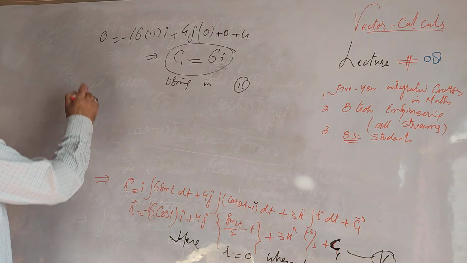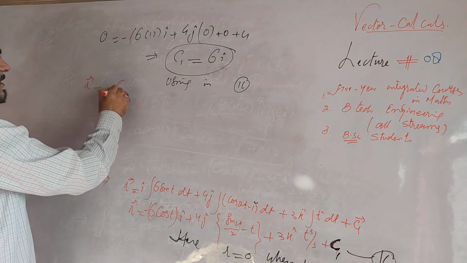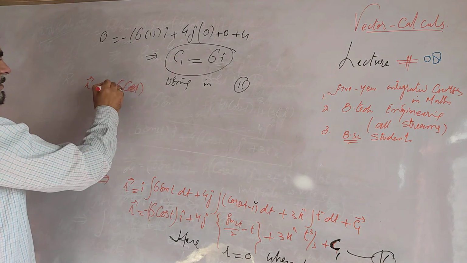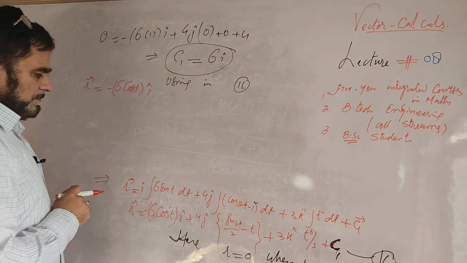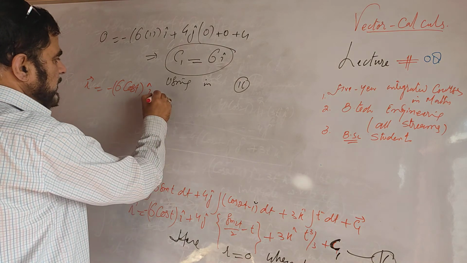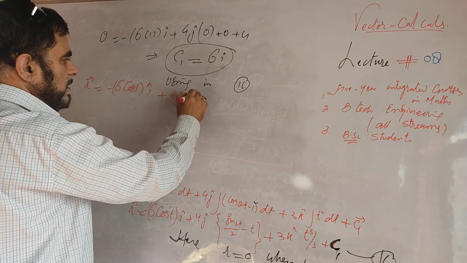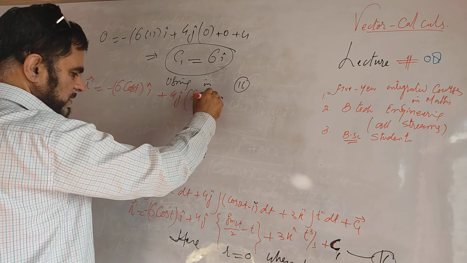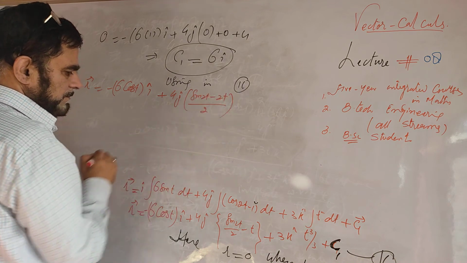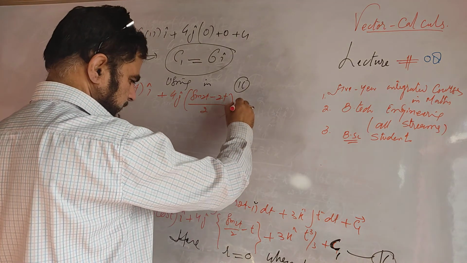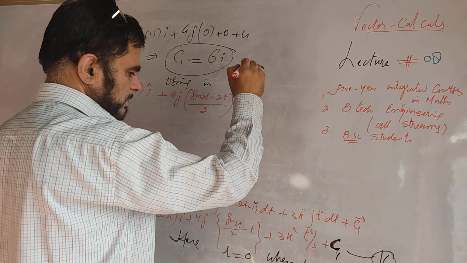R is given by minus 6 cos t i, plus 4j times sin 2t by 2 minus t, plus t cube k.